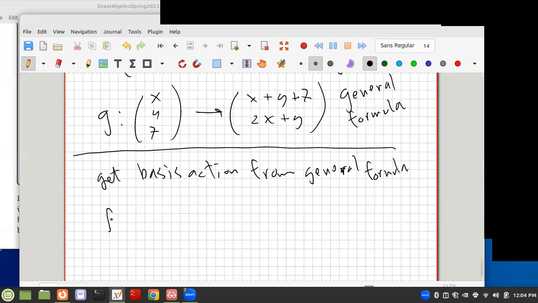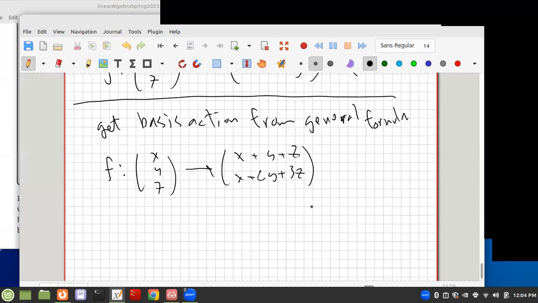So I'm going to repeat: F of X, Y, Z goes to X plus Y plus Z, X plus 2Y plus 3Z. What I do is take special cases. What does (1, 0, 0) go to? X is 1, Y is 0, Z is 0, so that's just going to be (1, 1), because Y and Z are 0.